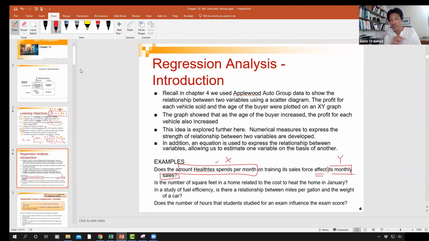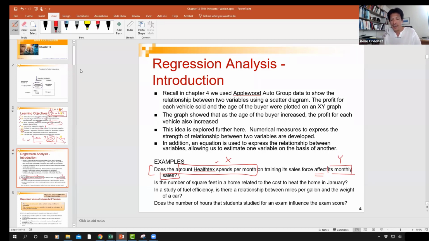So this is your predictor variable. Both of which are quantitative. So to answer this kind of question, what you will need to do is to collect XY pairs of observations and then run regression on that sample data.